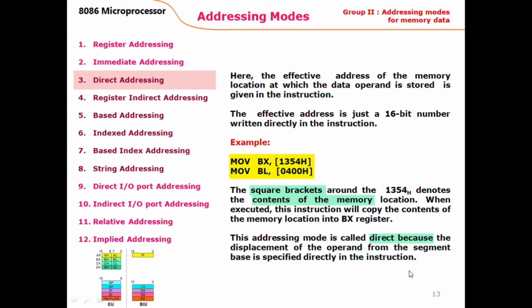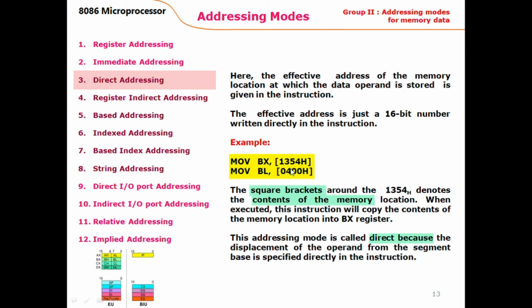This addressing mode is called direct because the displacement of the operand from the segment base is specified directly in the instruction. So this value is the effective address, or the displacement from the starting address of the data segment. Remember that the data segment is not mentioned here, but in this addressing mode, the data segment is the default segment.